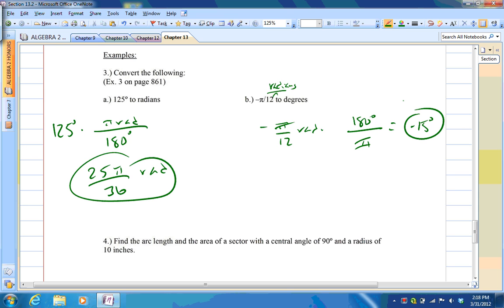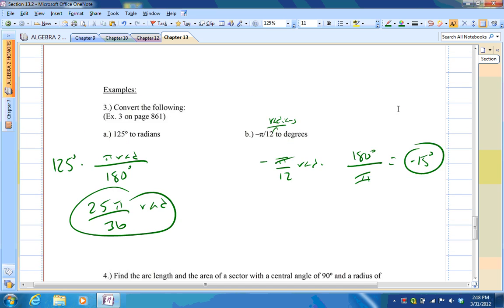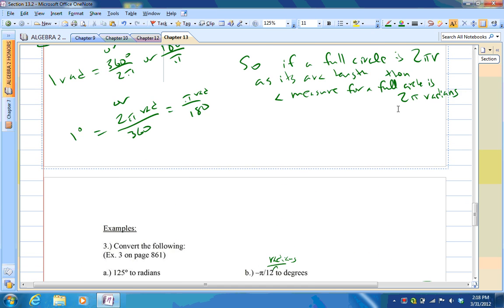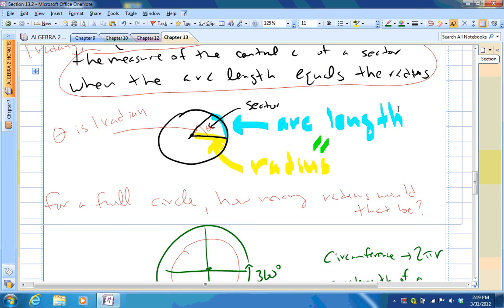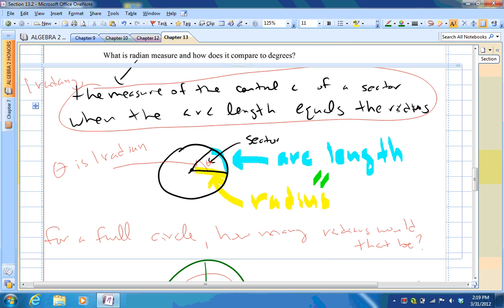So we'll be going back and forth between radians and degrees many times in chapter 13 and chapter 14. But again, just to recap, the definition of a radian is the measure of the central angle when the arc length equals the radius. So we have a full circle, and the circumference is 2 pi r.